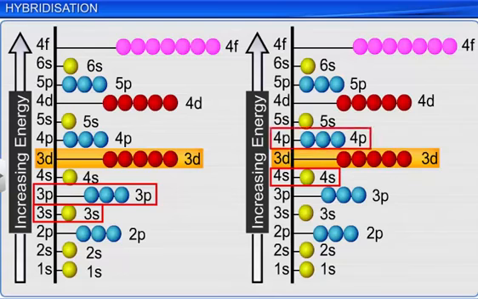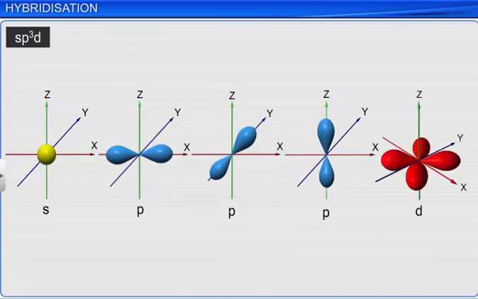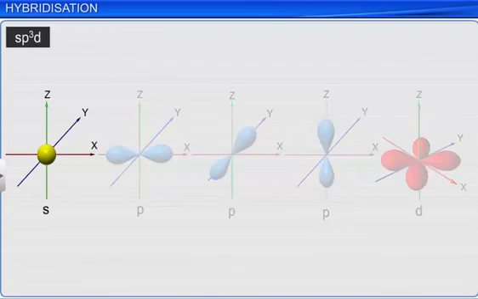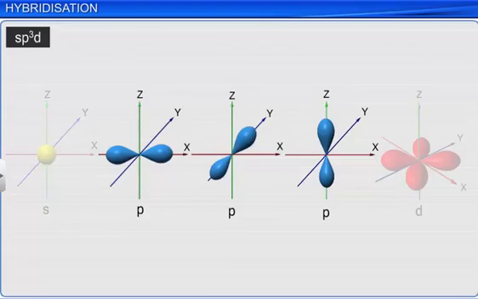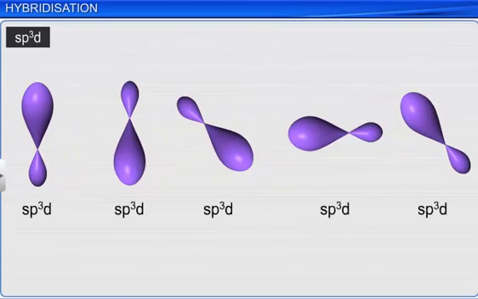In sp3d hybridization, one s orbital, 3 p orbitals and one d orbital combine to form 5 sp3d hybrid orbitals of equivalent energy.